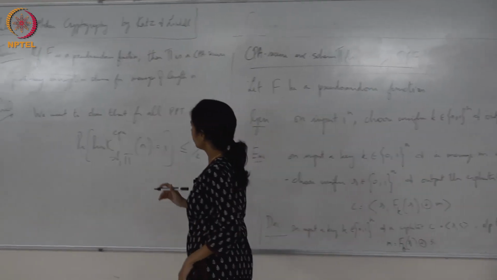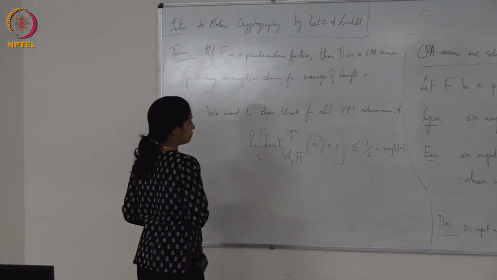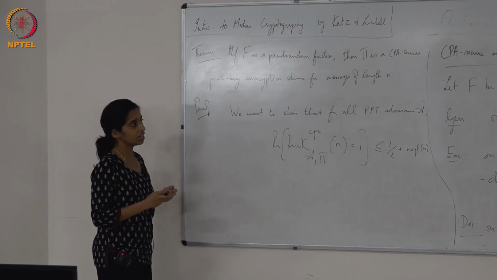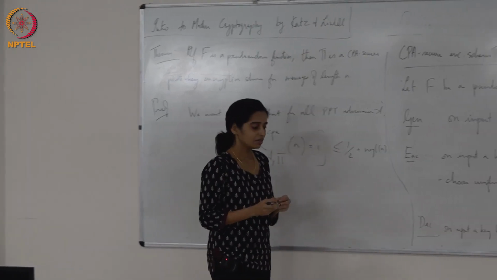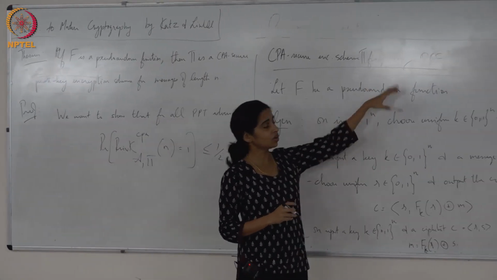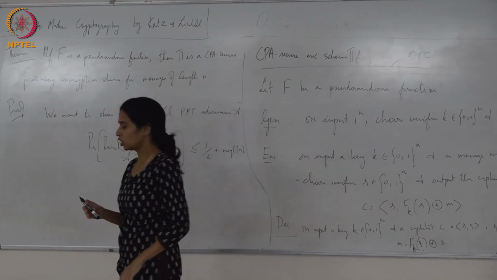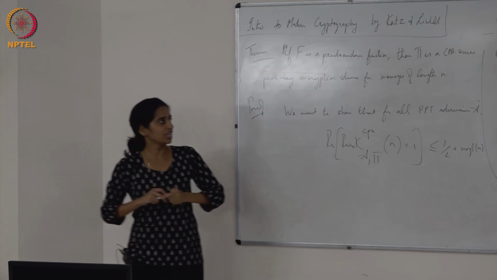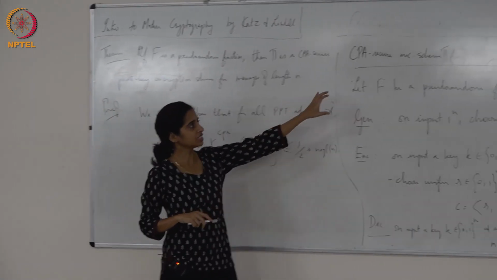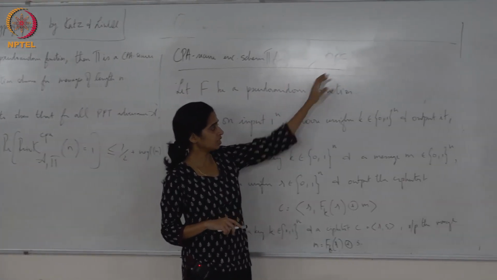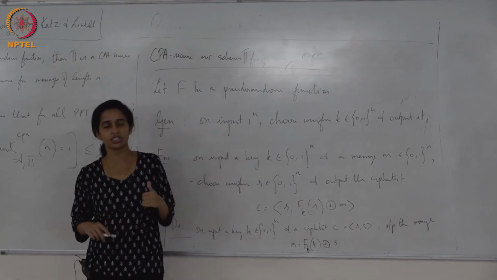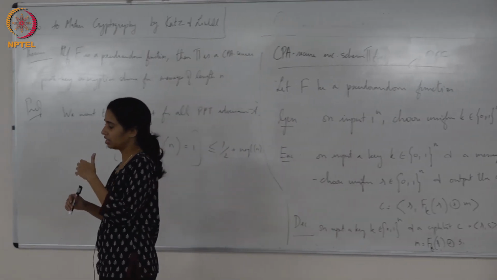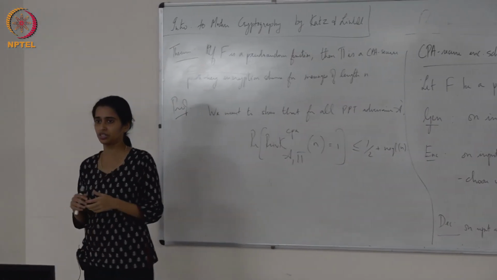Okay. In order to show this, schemes that rely on a pseudo-random function typically take the following template. You essentially replace the role of the pseudo-random function in the encryption scheme pi with that of a truly random function.